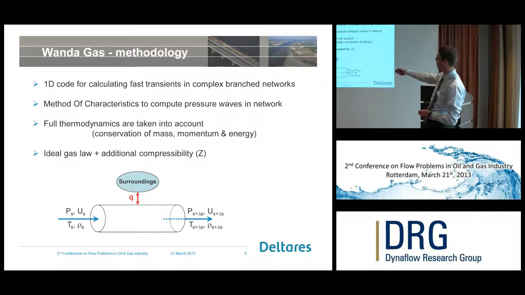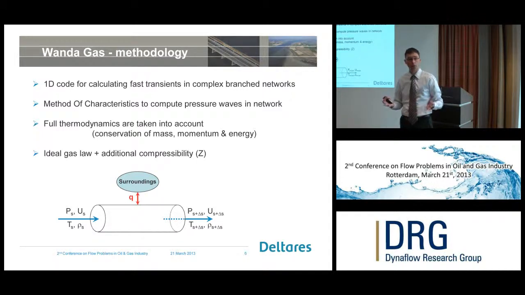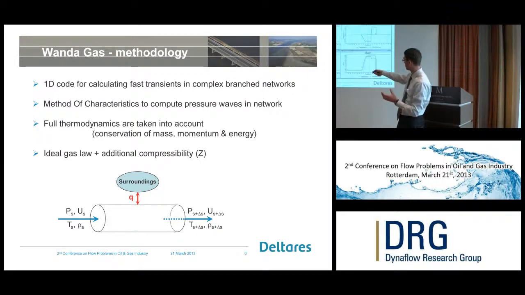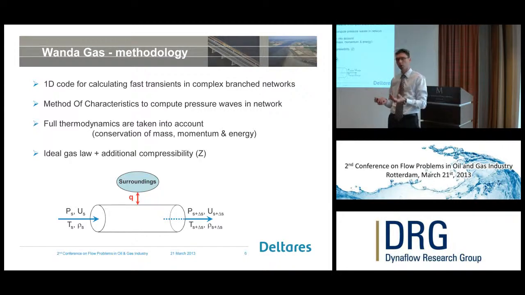And the full thermodynamics are taken into account. So that means conservation of mass and energy. And besides that, until now we've used only the ideal gas law and additional compressibility. We did also make a comparison of what happens, especially with the shock tube experiment. So what happens with that problem if you use real gases compared with ideal gases?